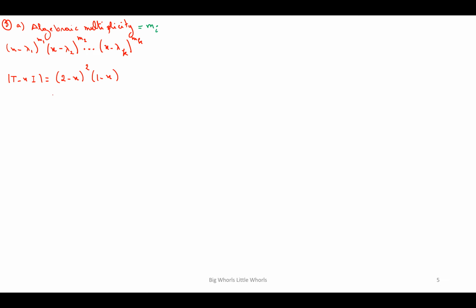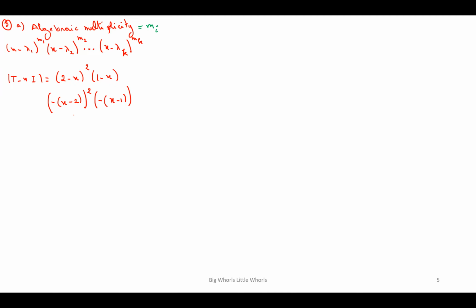So let me take out the minus from here. 2 minus x can be written as minus (x minus 2), squared, multiplied by, I can also take a minus from here, minus (x minus 1).